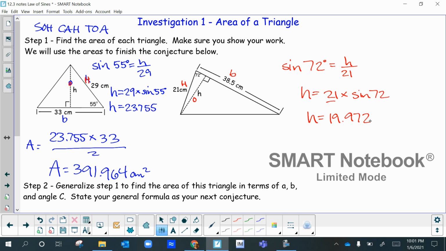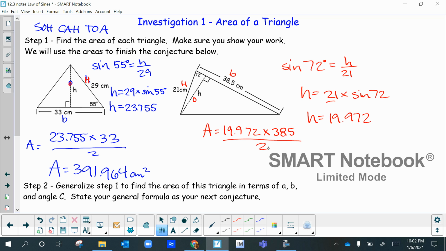And so now we're going to use our area formula. Remember, it's base times height divided by 2. So we can take the height, which is 19.972, times the base, which is 38.5, and then don't forget to divide it by 2.